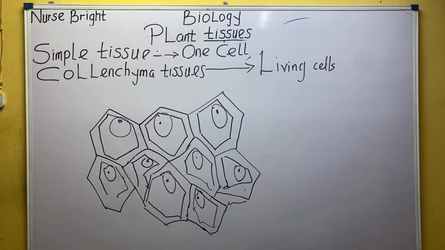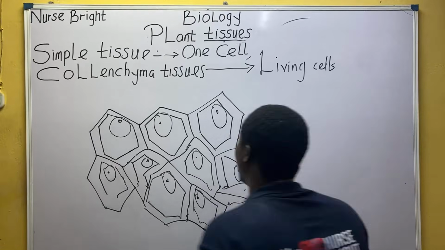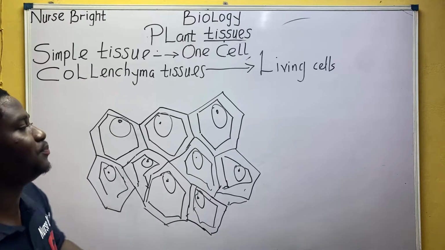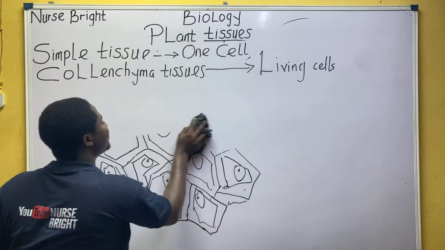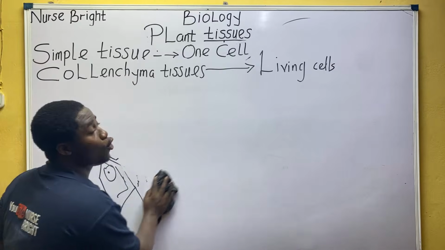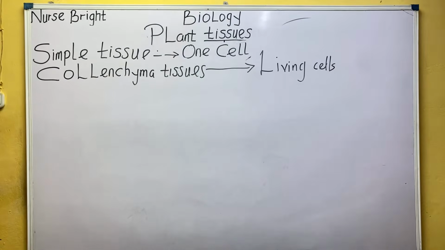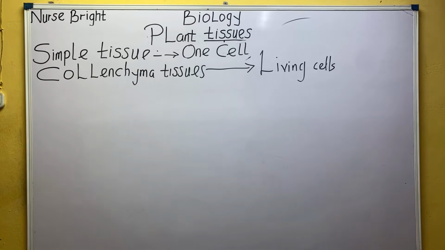Alright, so in summary, guys, let me tell you something. These Collenchyma tissues that we are looking at right now are found in stems and in leaves, but they are not necessarily found in roots. Their function is to support those growing plants.